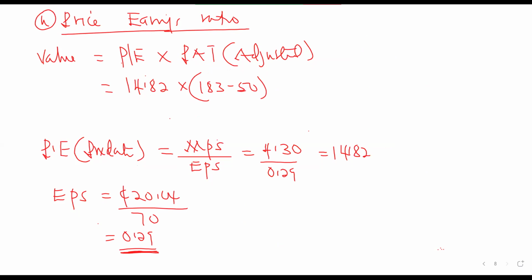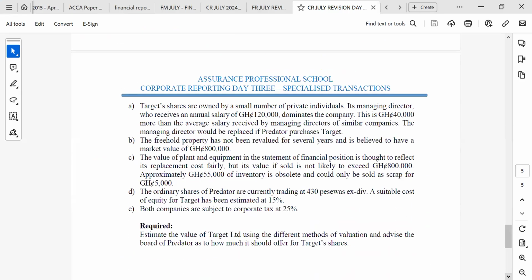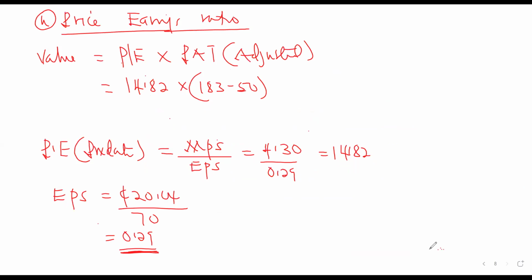So once we adjust the PE ratio, approximately 55,000 of the inventory is obsolete and could only be sold as scrap for 5,000. So we are going to be losing 50,000. That will be termed as the inventory loss, which will be added to cost of sales, but that has not been taken into consideration before getting this.